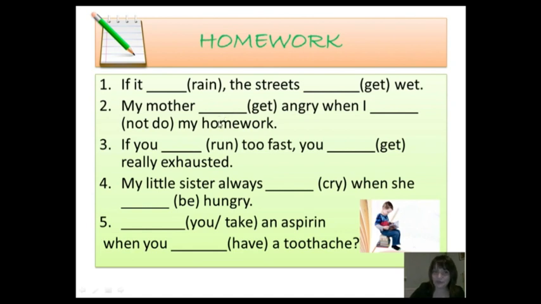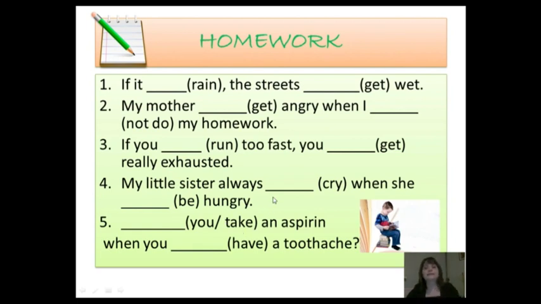What are you supposed to do? Well, you have to put those verbs into the simple present tense to make the zero conditional. You have to mind and pay attention should you put S on the verb or not. And you have to pay attention when you have the negative or the question form.